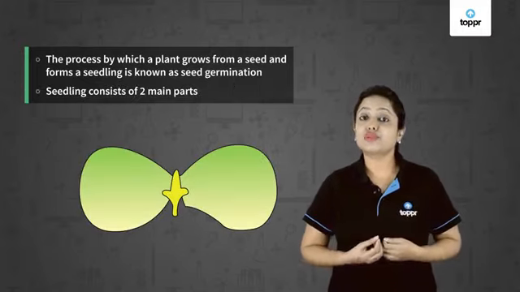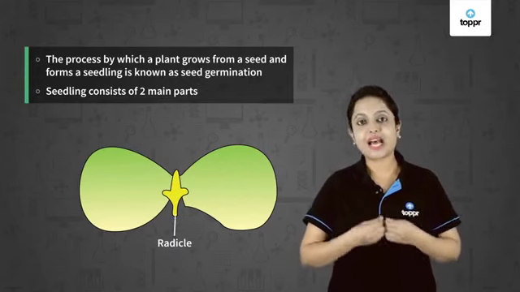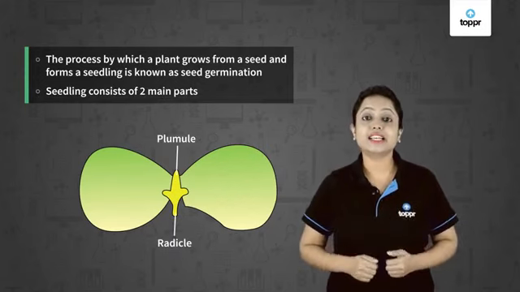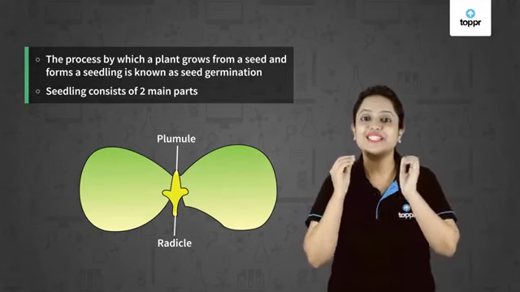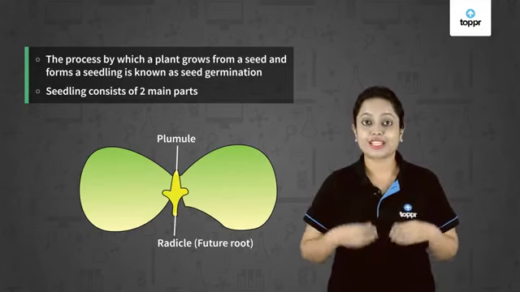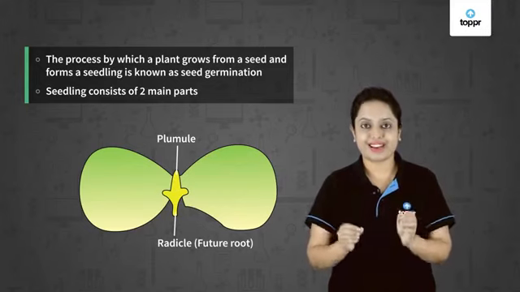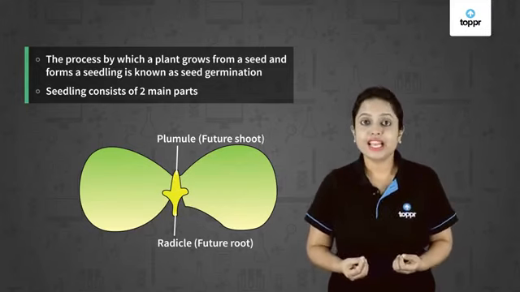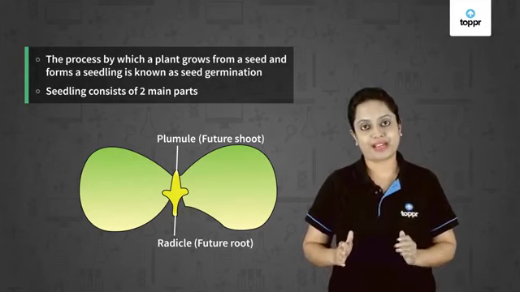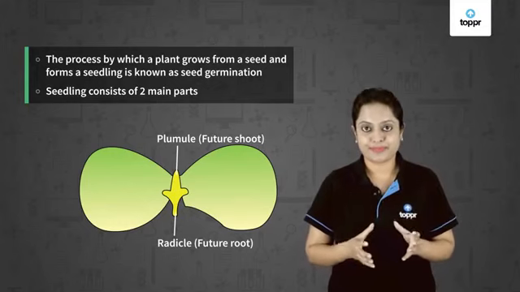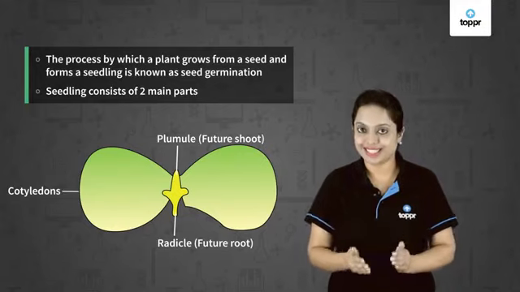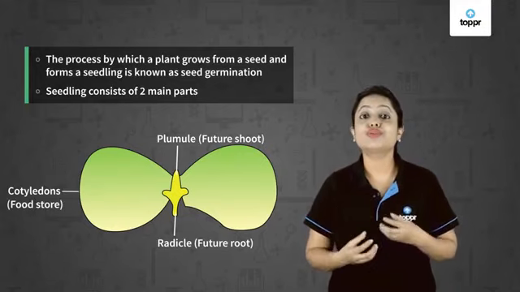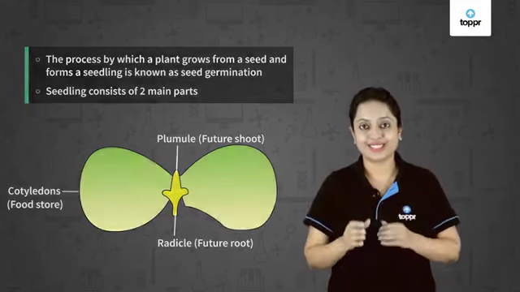Seedling consists of 2 parts, radicle and plumule. Radicle is the first part of the seedling that comes out in germination. It is the future root of the plant, while plumule is the future shoot of the plant. It bears leaves. The first embryonic leaves are called cotyledons, which are used for the storage of food.